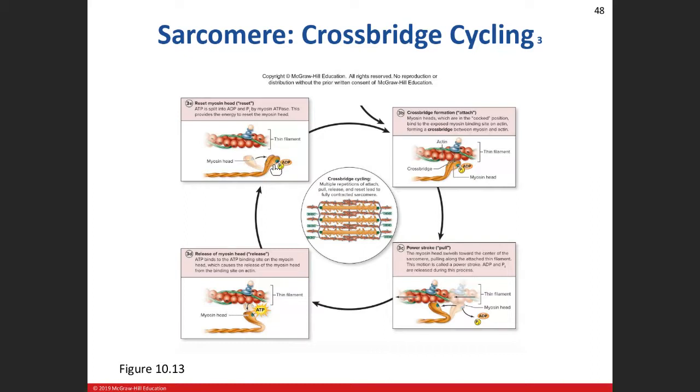So it's ready for another power stroke if we're going to do a contraction, or we just relax and not do a darn thing. This whole cycle is a repeating cycle, as long as we have action potentials coming from the motor neuron, as long as we have calcium and ATP available, then this can repeat.